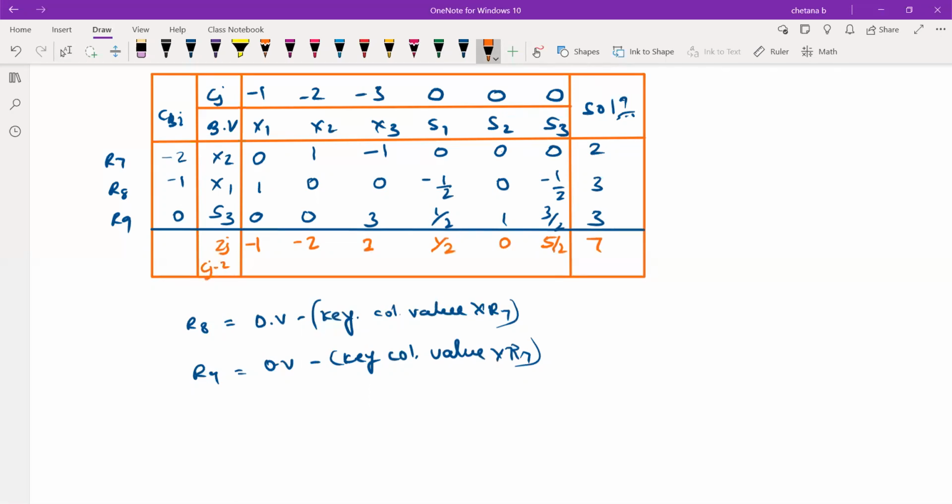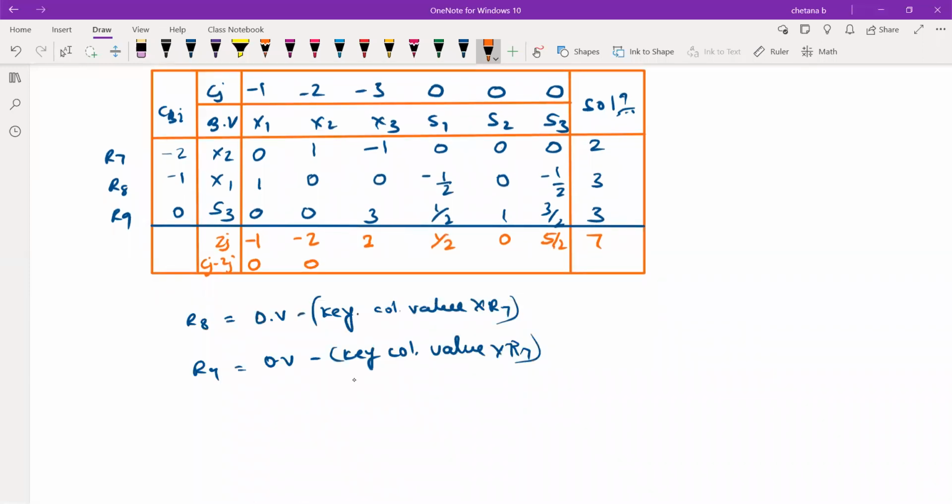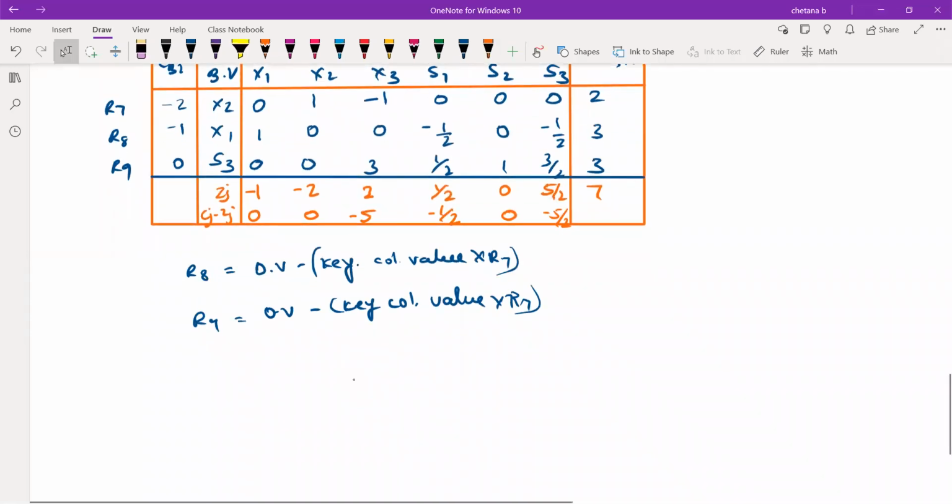Cj minus Zj: 0, 0, 5, 1/2 with minus sign, 0, -5/2. As you are getting all these positive, this is optimal and feasible.